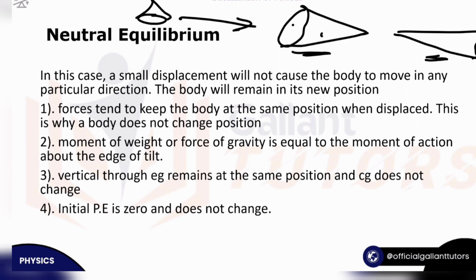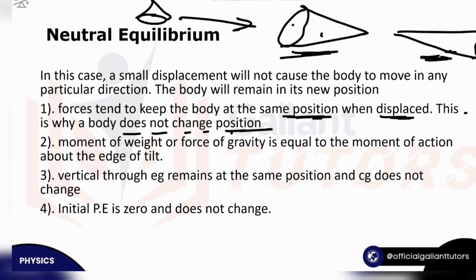Do you get it? In this case, a small displacement will not cause the body to move in any particular direction. The body will remain in a new position. Forces tend to keep the body at the same position when displaced. This is why a body does not change position. It's always the same. The moment of weight, the force of gravity, is equal to the moment of action about the edge of the tilt.